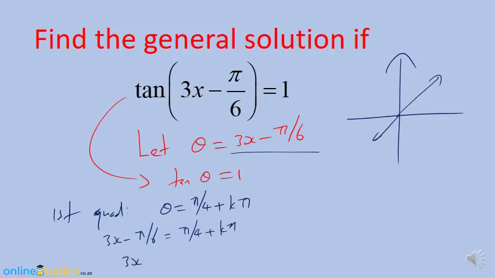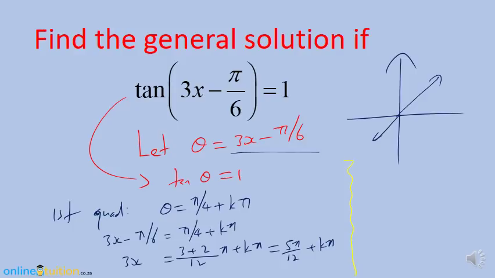So 3x is equal to, take the pi by 6 onto the other side. Common denominator there would be a 12, but we're adding it. 4 goes into 12 3 times. 6 goes into 12 2 times, and that's all multiplied by pi plus k pi. Eventually, I get 3x equal to 5 pi by 12 plus k pi. So what would be your final answer? You divide throughout by 3, and you get x. Right? I'm going to allow you to do that. And hopefully you can actually get that.